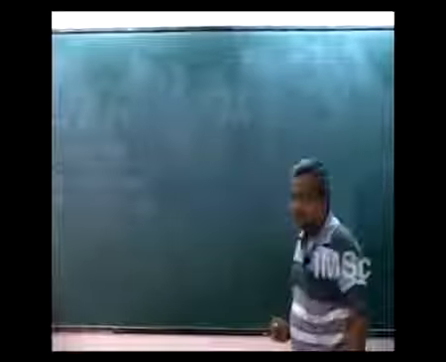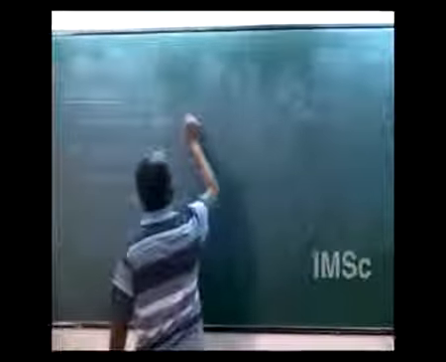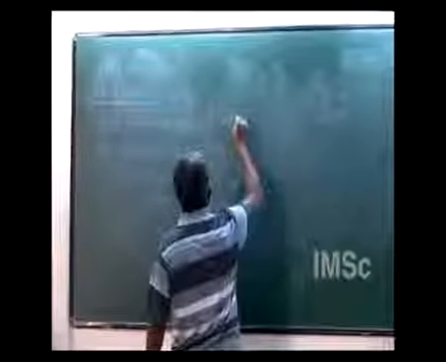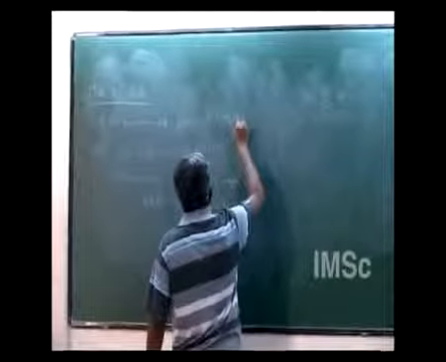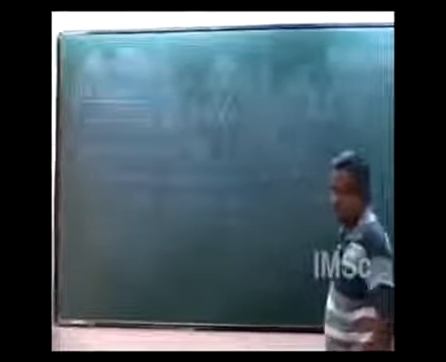In fact one can even generalize this as follows. We can even assume that there is a cost function associated with every edge, from E to R plus. So you want to find a minimum weighted cut.